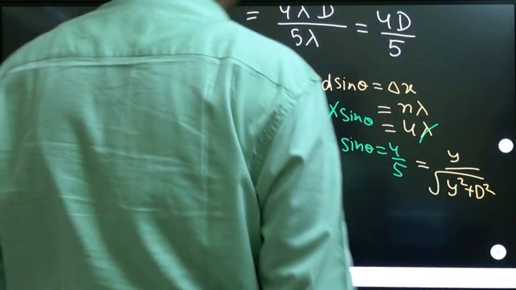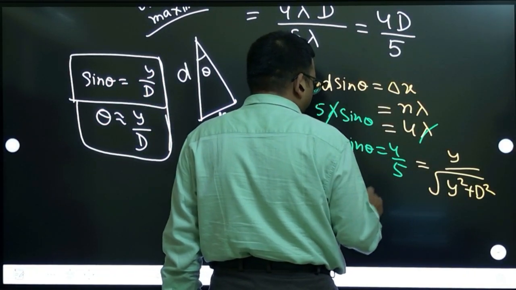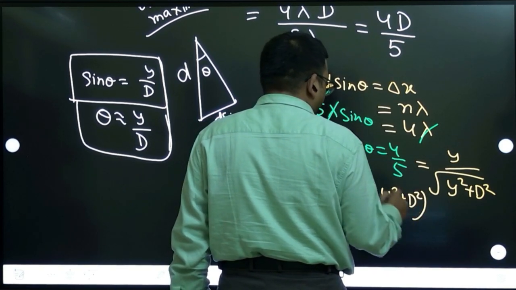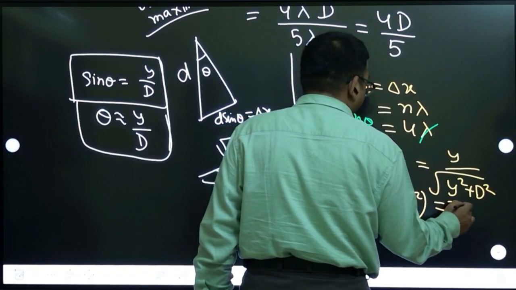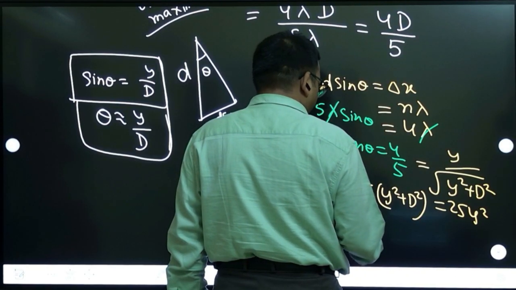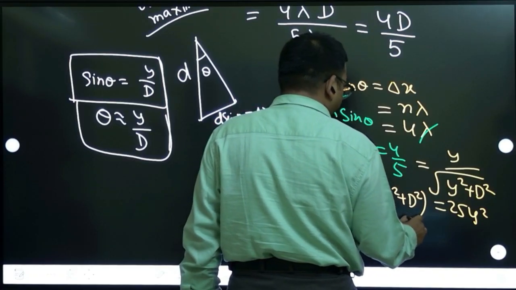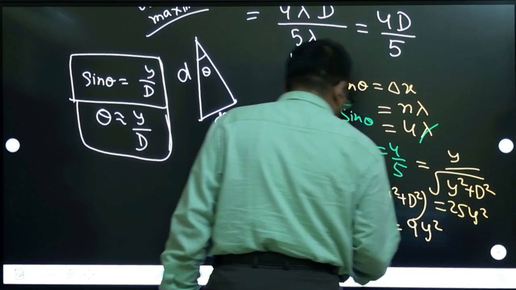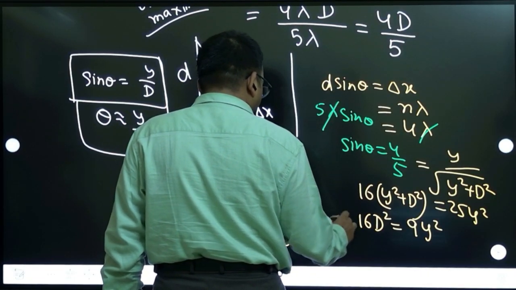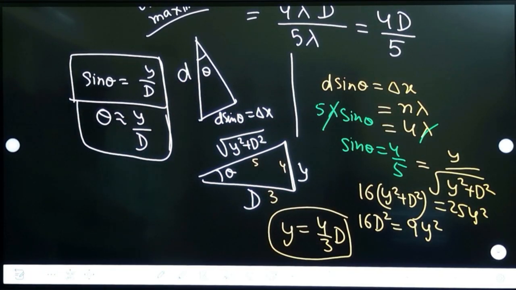Then 16 times (y square plus D square) is equal to 25 y square. So 16 D square is equal to 9 y square. Then y becomes 4 by 3 D.